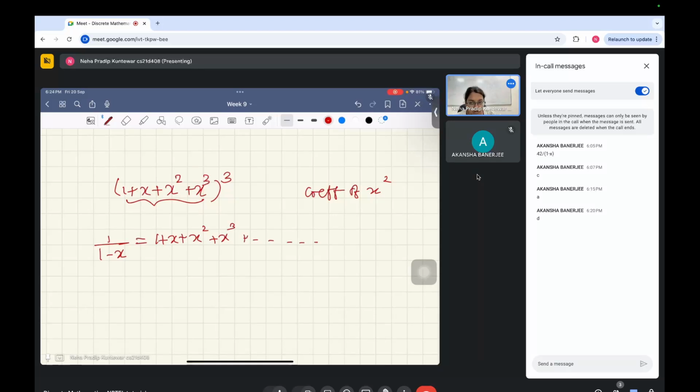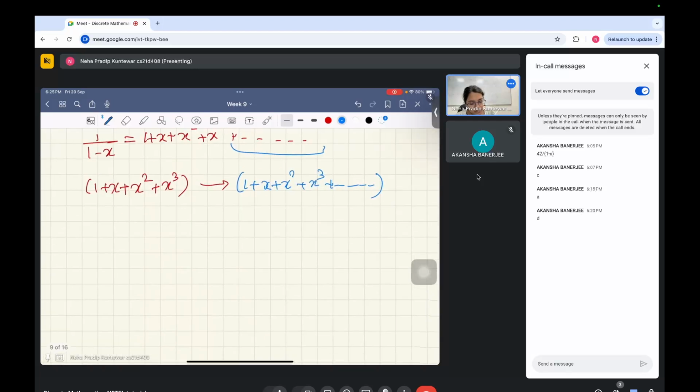So what we're doing for the moment is, instead of looking at 1 plus x plus x square plus x cube as a polynomial, we're going to replace it with additional terms here. So this will look like 1 plus x plus x square plus x cube and so on. For each of them we do this.